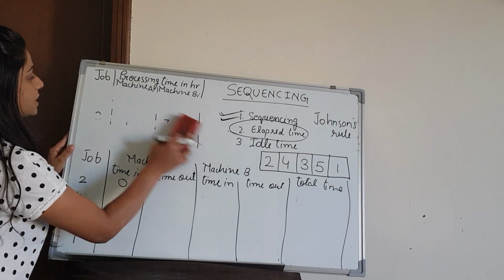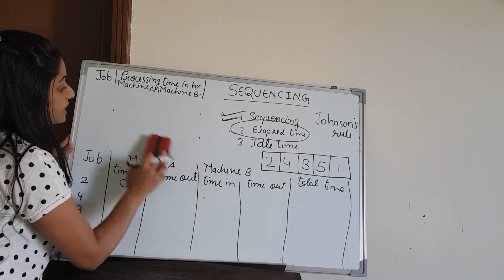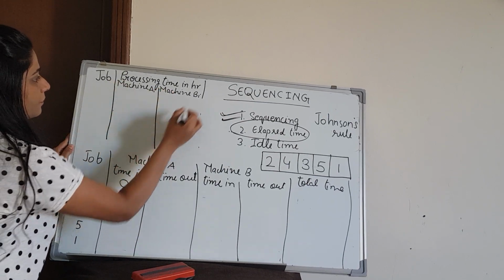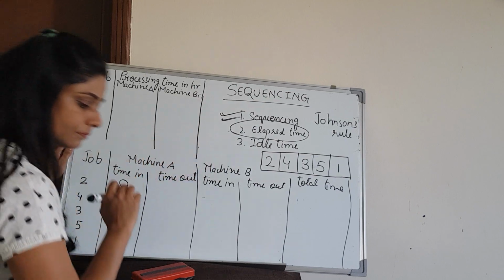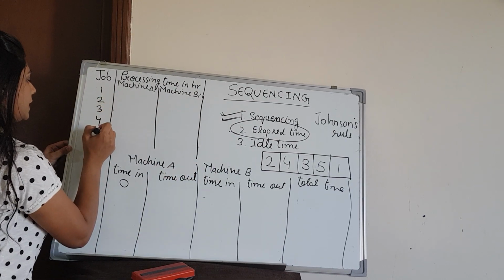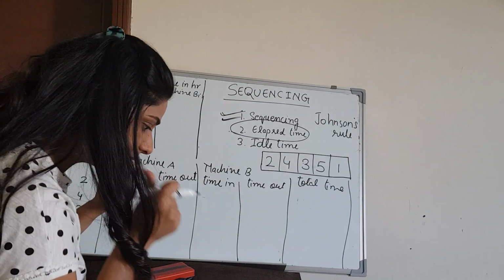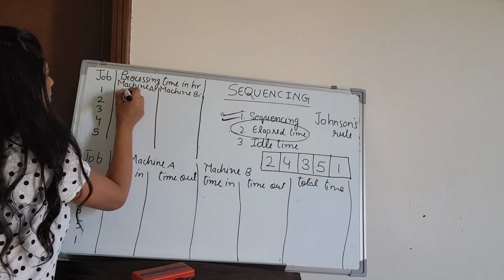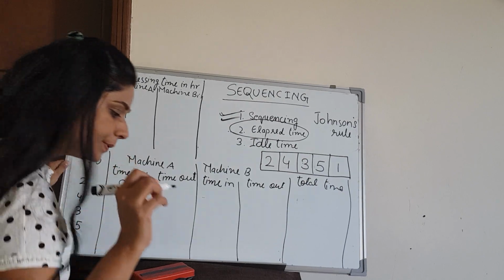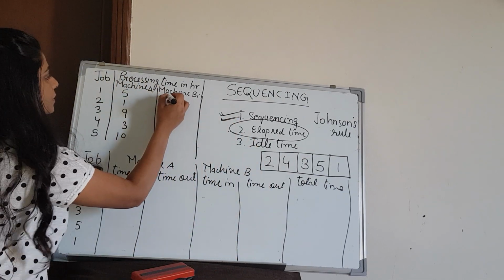For this we need the table which is given in the question. That is jobs 1, 2, 3, 4 and 5, and times for machine A: 5, 1, 9, 3, 10, and for B: 2, 6, 7, 8, 4.